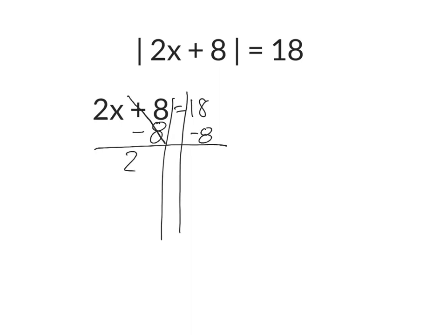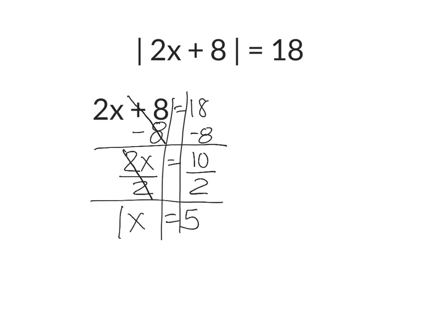I'm left with 2x on the left side equals 18 minus 8 is 10. Then I need to cancel out the 2 so I'm left with only the x, so I divide by 2. That cancels. I'm left with x equals 10 divided by 2 is 5.